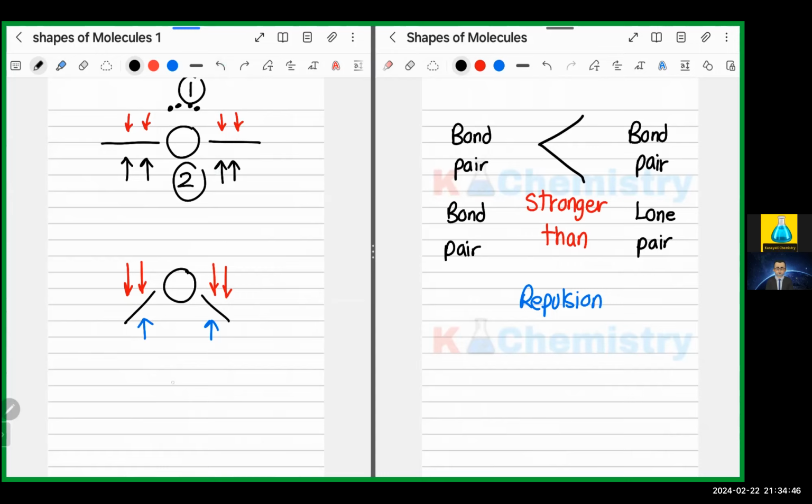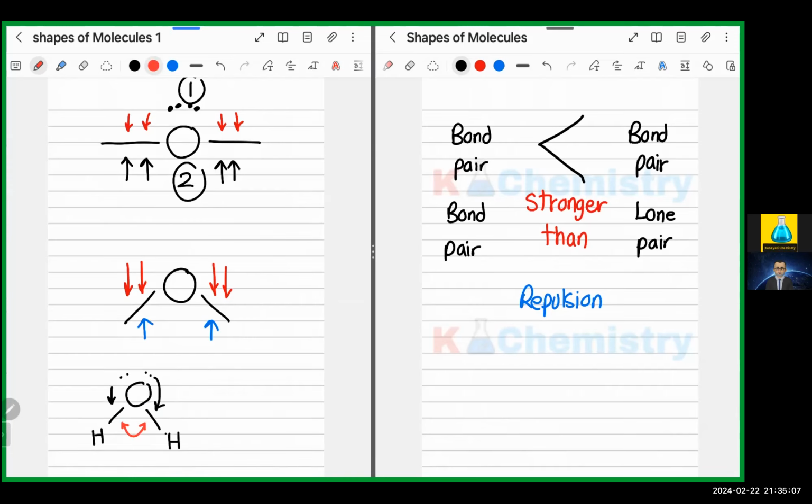This causes it to force it to the bottom, so it forces it down. So in this way, the repulsion between this lone pair and bond pair, and this also lone pair and bond pair, is stronger than the repulsion between this bond pair and bond pair. So it takes this shape.